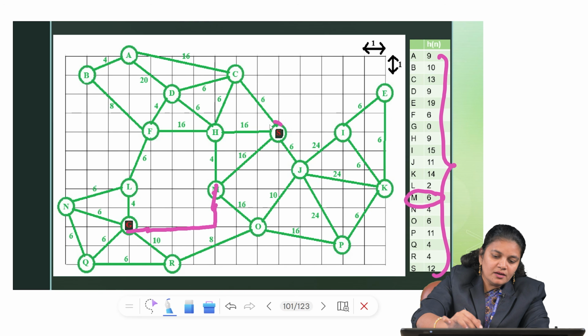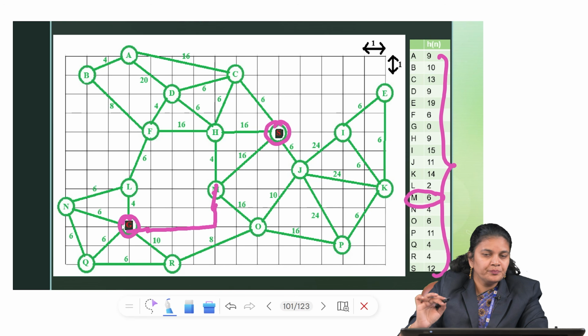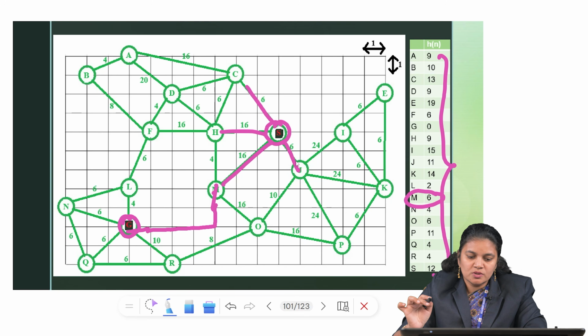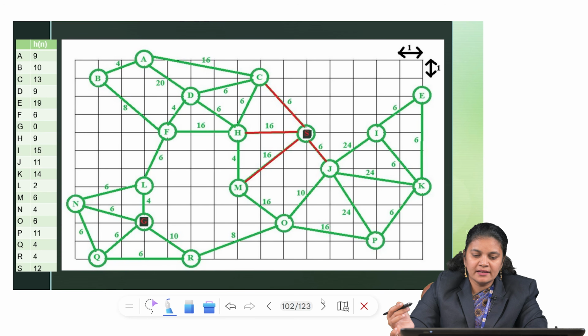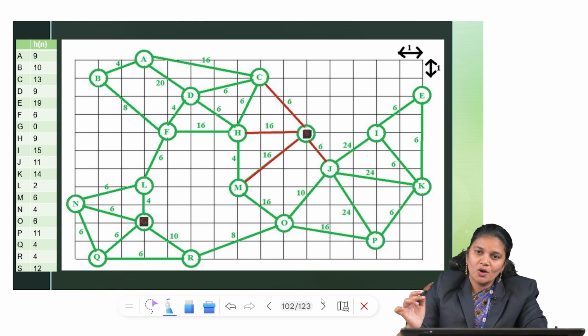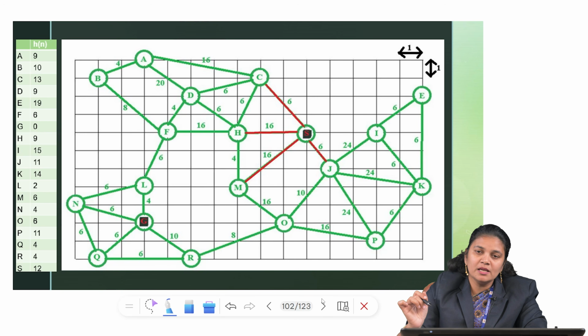So we are starting from S and our goal node is G. We have 4 different options to move towards the next node: C, H, M and J. Now we should find out the minimum value of f of n, not h of n. We applied the minimum h of n in greedy best first.